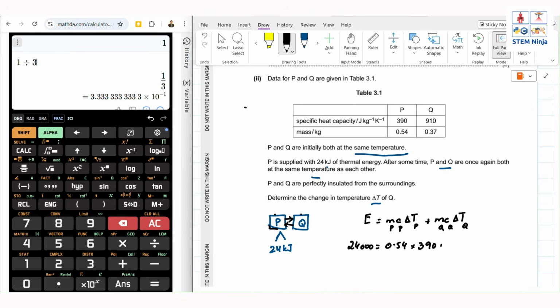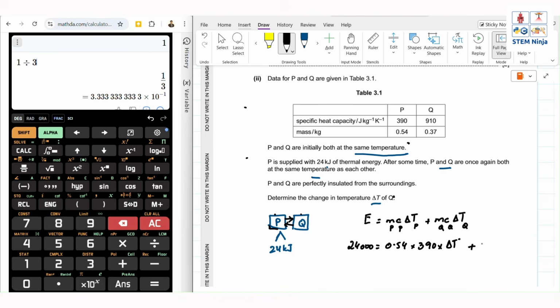And one thing to remember, heat exchange is going on, but the temperature differences are going to be different because of the differences in their specific heat capacity. But what we know is that they're both starting at the same temperature, and they are both ending at the same temperature. So that's going to be the same.